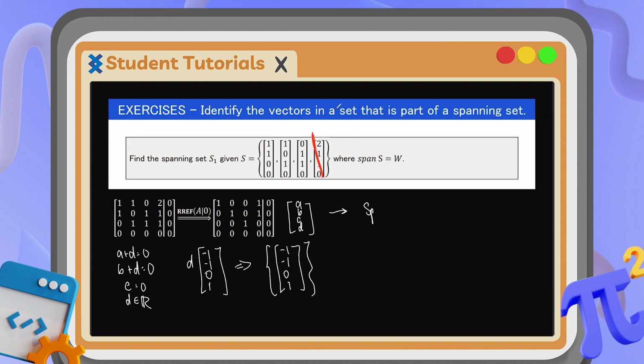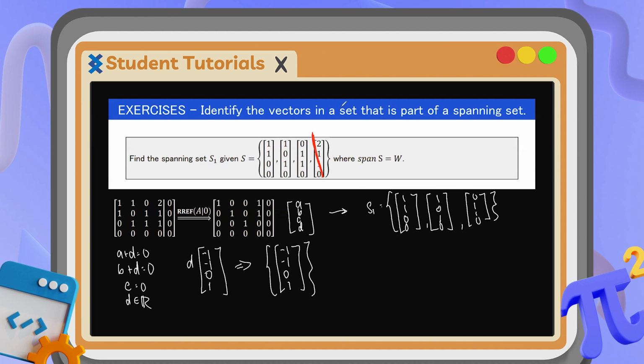So S1 would then be equal to the other three vectors: 1, 1, 0, 0, 1, 0, 1, 0, and 0, 1, 1, 0. And this would then be your vectors that will become part of another spanning set, which also spans the same set W.